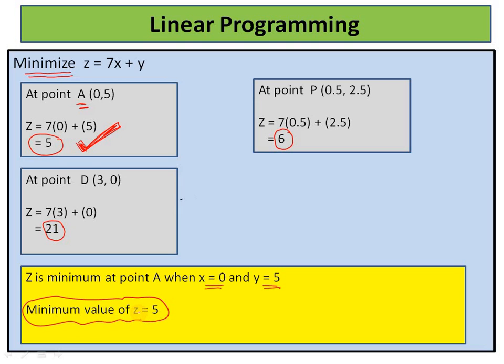समझ गए बच्चों? तो हमने अभी तक फंडामेंटल सब सीखे हैं लीनियर प्रोग्रामिंग के. How to formulate the L.P.P, that is linear programming problem. How to find the maximum value of objective function, how to find minimum value of objective function by using graphical method.